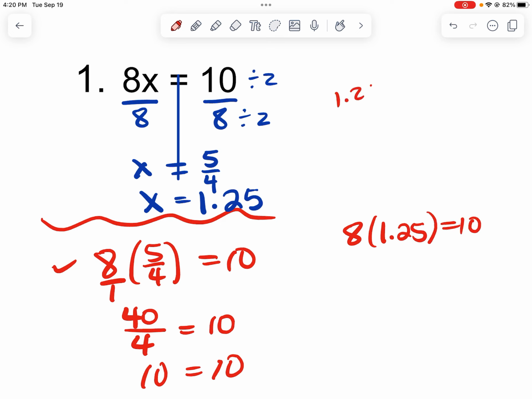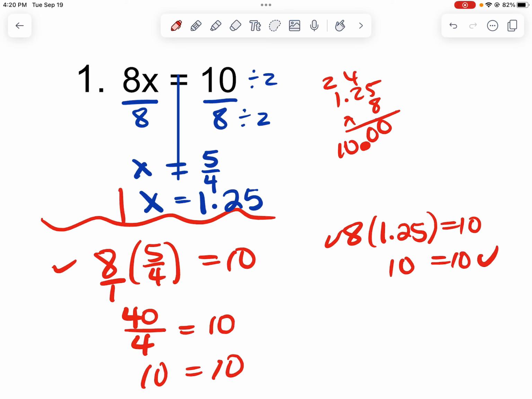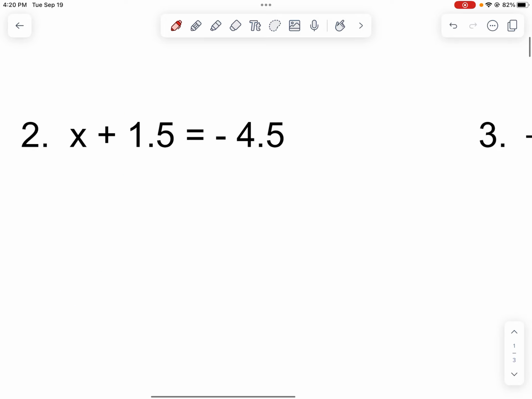And 1.25 times 8, that's 40. 16, that's 20. That's 8 plus 2 is 10. 2 decimal spots. Look at that. 10 equals 10. So either way, you would get either 1.25 or 5 over 4. Either one of those is the correct answer.